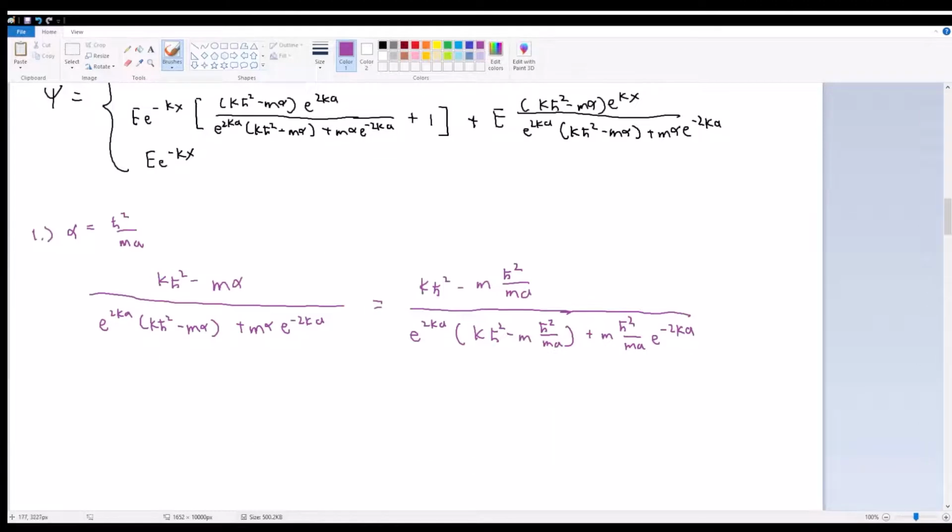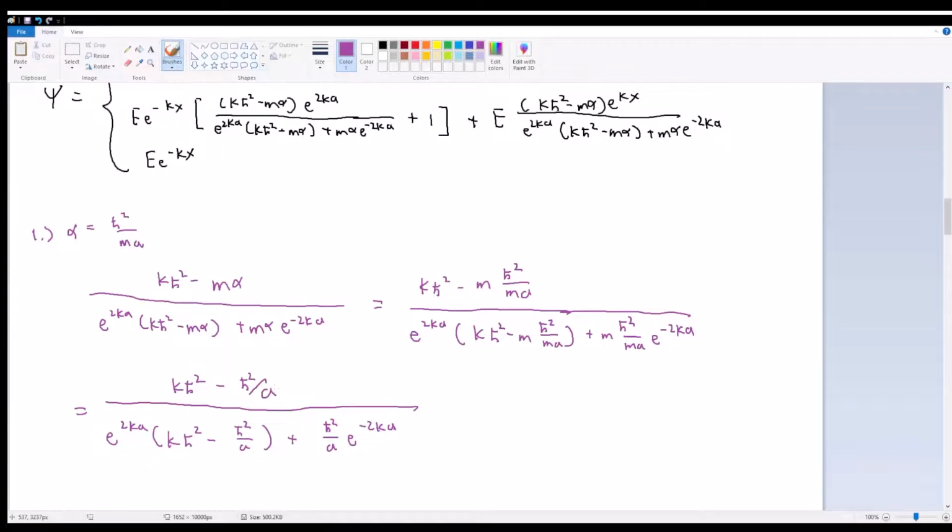If we simplify this, we get e to the 2ka times (kh bar squared minus h bar squared over a) plus h bar squared over a times e to the negative 2ka, and then this is all divided by kh bar squared minus h bar squared over a.